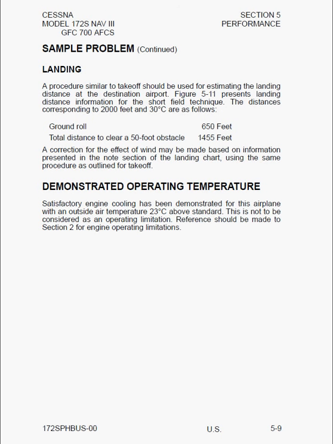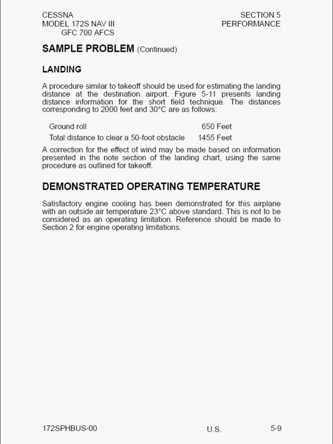And in Section 1, we define standard to be 15 degrees Celsius. So here, the airplane is rated for 15 plus 23, or 38 degrees Celsius total. And references should be made to Section 2 for engine operating limitations.